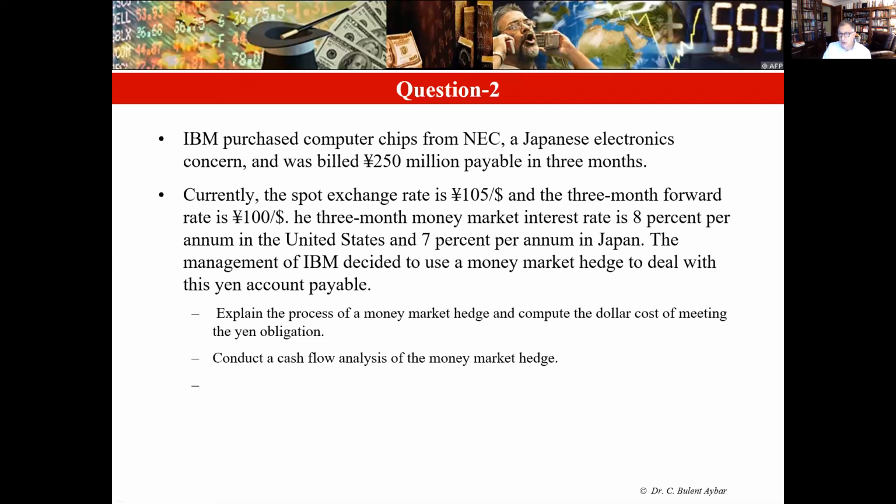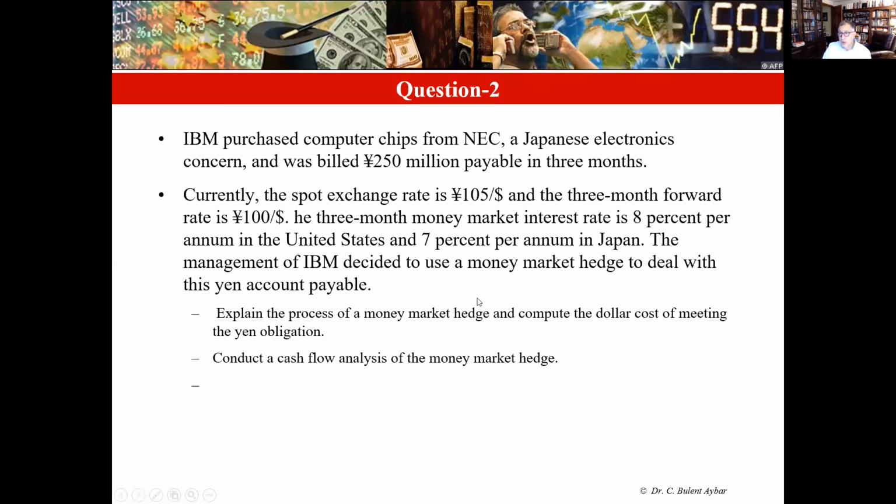What we can do is purchase a certain amount of Japanese yen today, and deposit those yen to earn 7% annualized return for a 3-month period, to become 250 million Japanese yen.